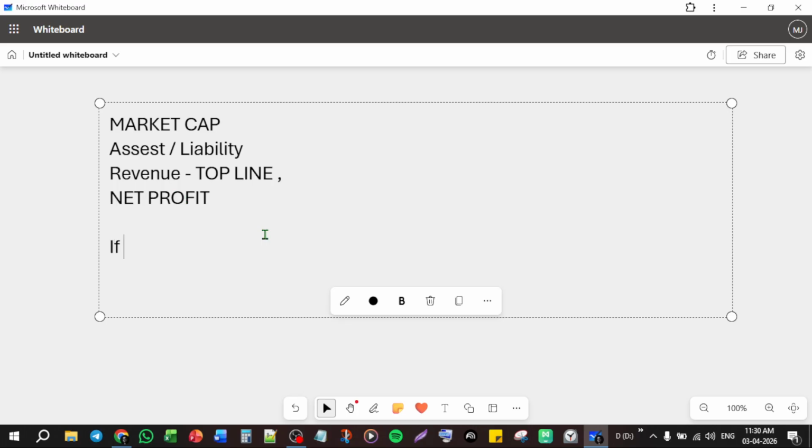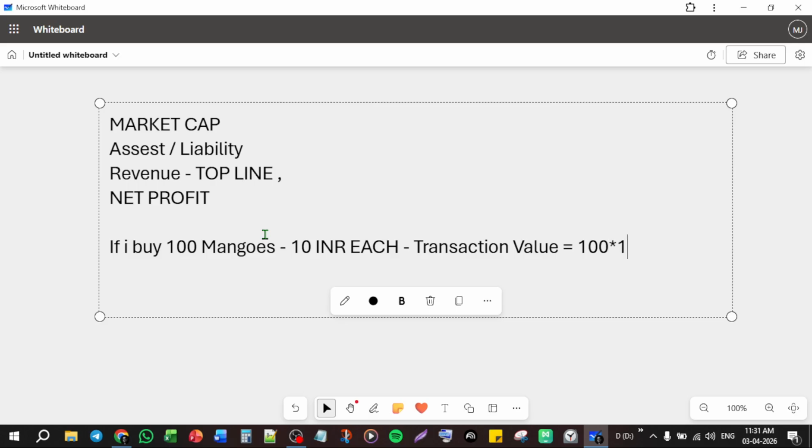So if I buy 100 mangoes for 10 INR each, then the transaction value is 100 into 10, which is equal to how much? This is nothing but revenue.